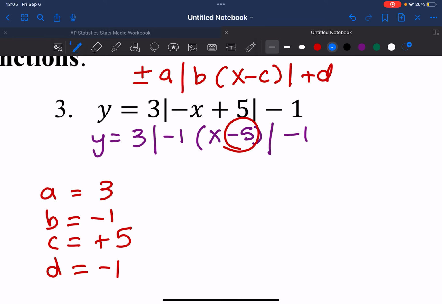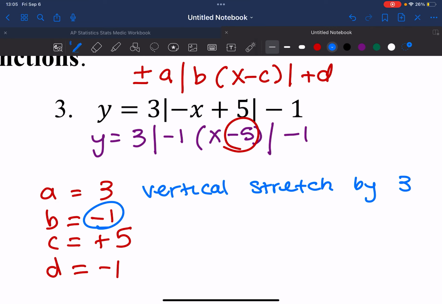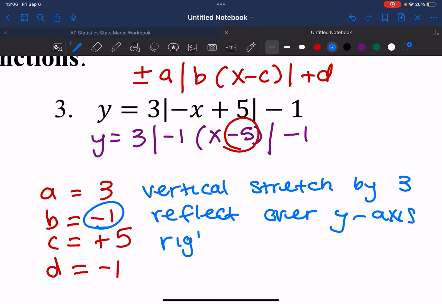That 3 is going to give a vertical stretch by 3. The negative is going to do a reflection over the y-axis. That +5 is telling us we're going to the right 5, and that -1 is telling us we're going down 1.